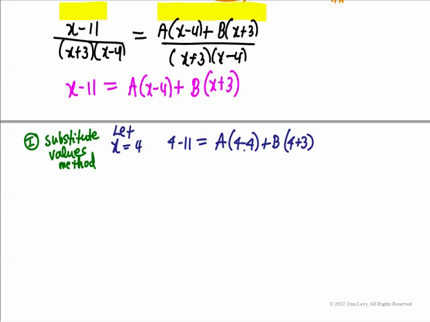The reason I did that is I want to zero this out. So 4 minus 11 is negative 7, which is 7B. So B equals negative 1.